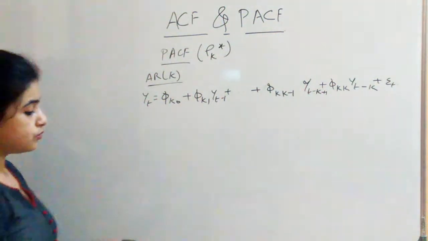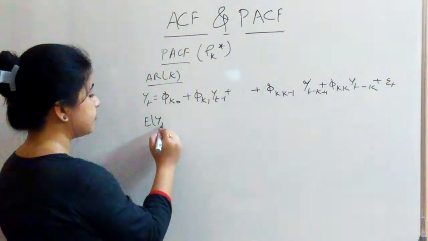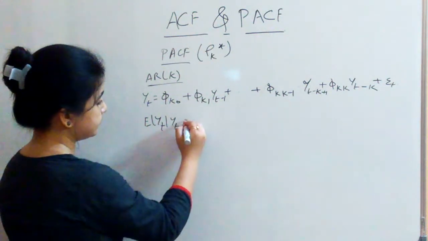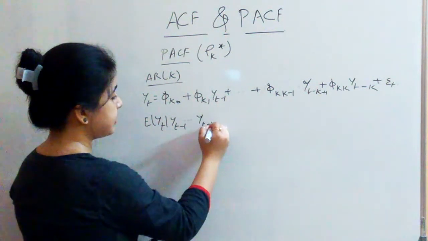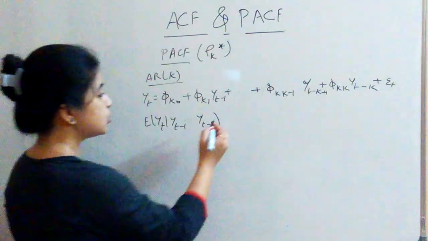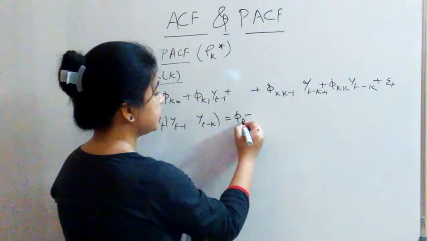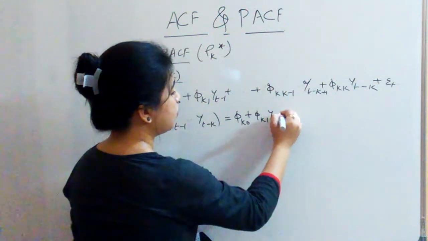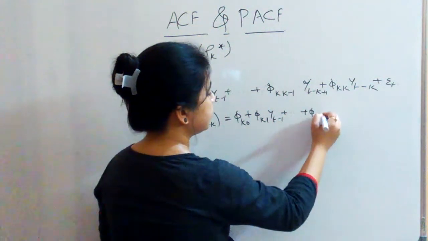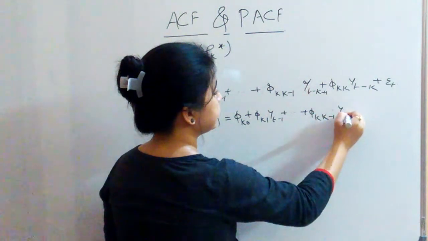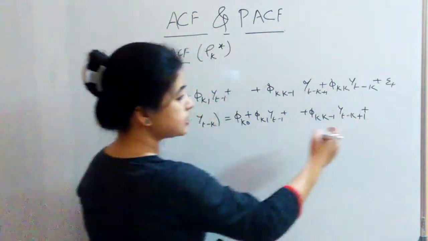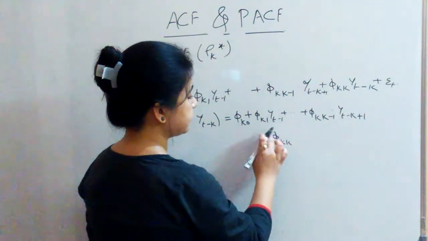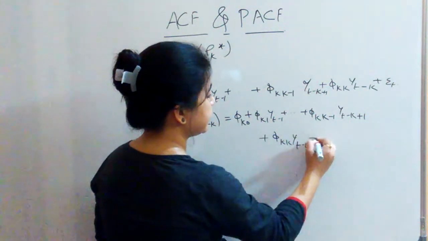Now if I have to find out the value of yt given yt minus 1 up to yt minus k, here we have phi k naught plus phi k1 yt minus 1 dot dot phi k minus 1 yt minus k plus 1, and the last term will be phi k yt minus k.